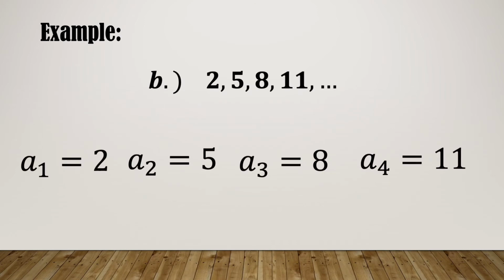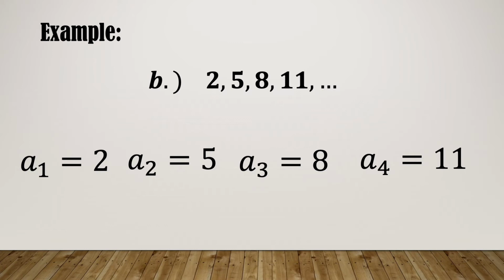So another example, we have here 2, 5, 8, and 11. To determine whether the sequence is an arithmetic sequence or not, check whether the differences between consecutive terms are constant. First, find the difference between the second term and the first term. So a sub 1 is equal to 2 and a sub 2 is equal to 5.